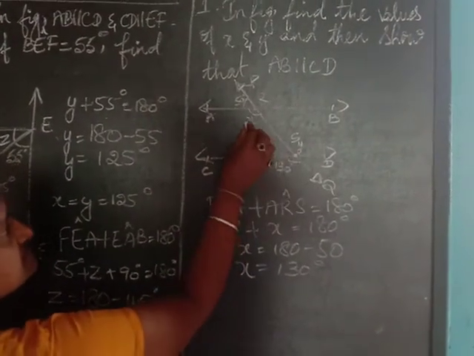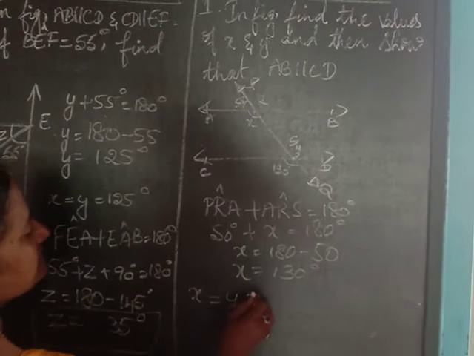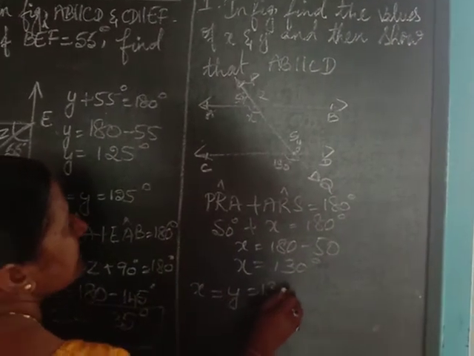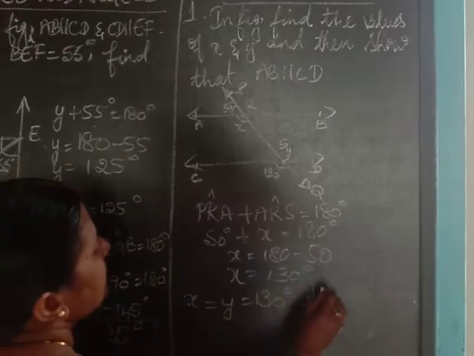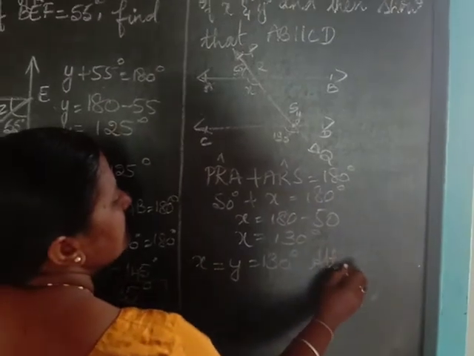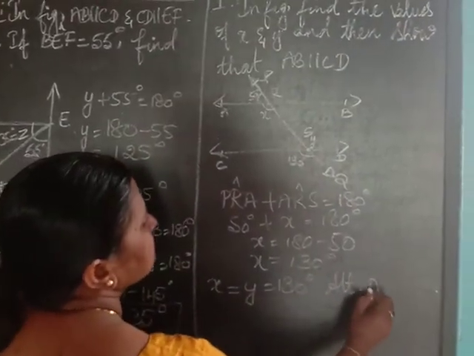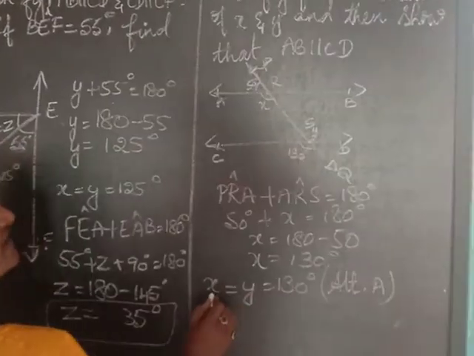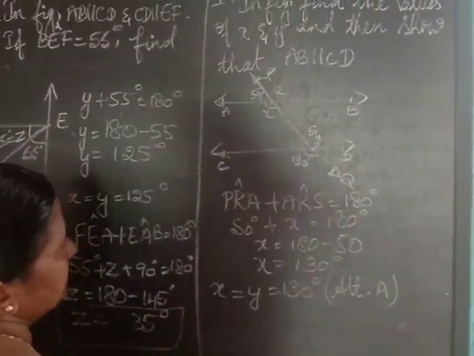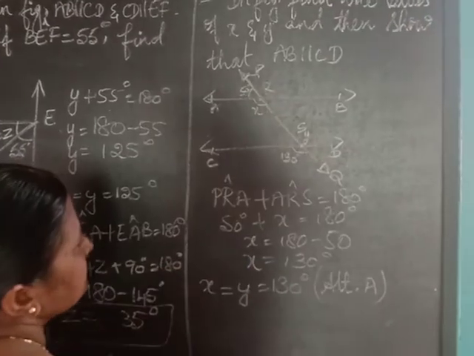What type of angles are these? I am saying here x is equal to y is equal to 130. Why? Because they are alternate interior angles. So that is why x is equal to y, that is equal to 130 degrees.